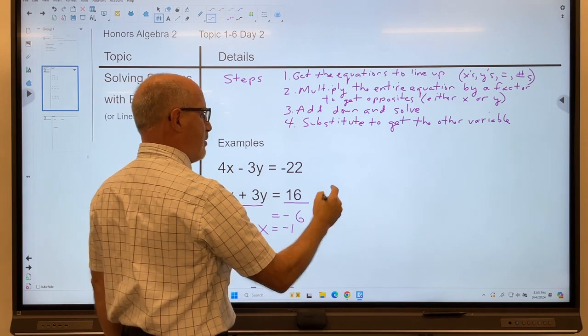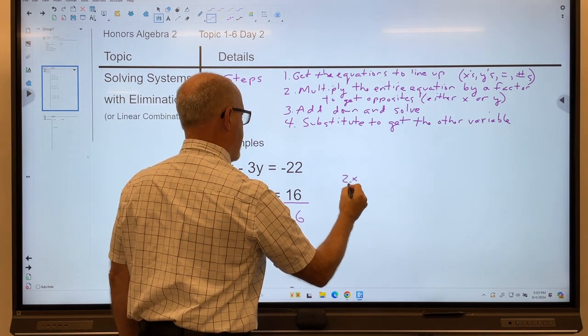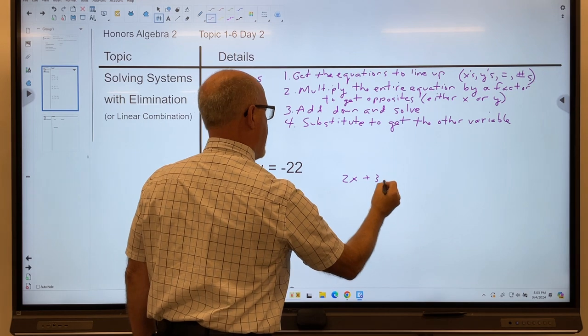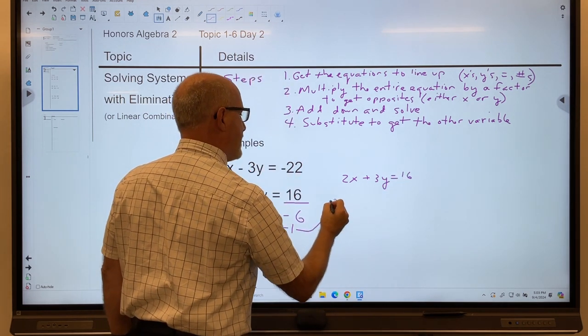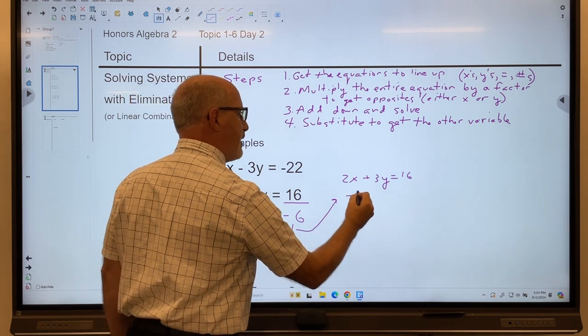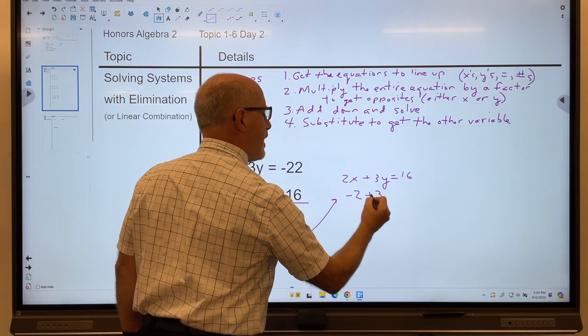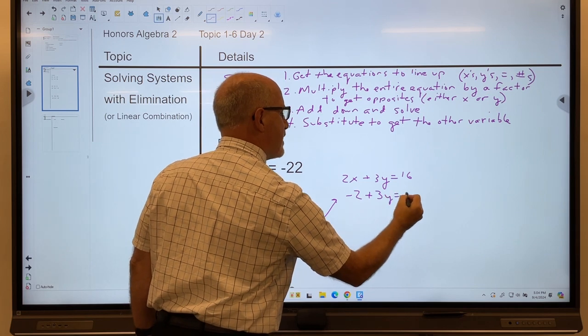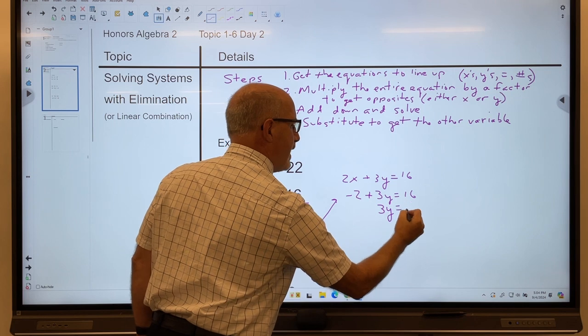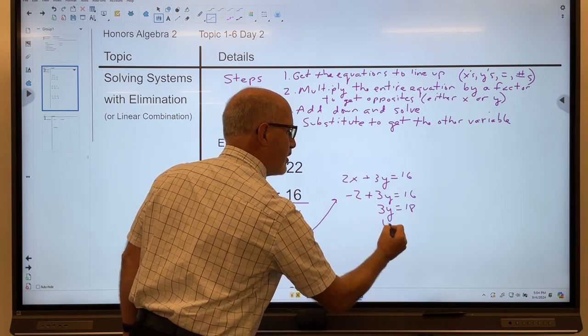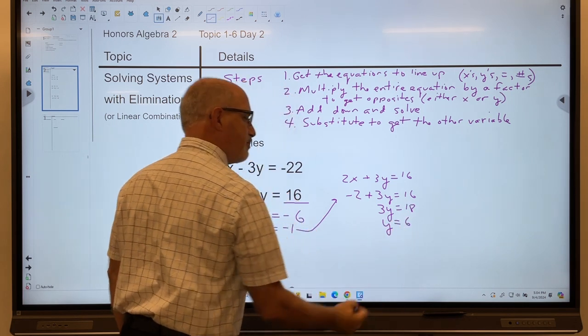I'll pick the second one here: 2x plus 3y equals 16. Put this negative 1 in to substitute. So I get negative 2 plus 3y equals 16. Add 2 to both sides. 3y equals 18. Divide by 3, you get y equal to 6.